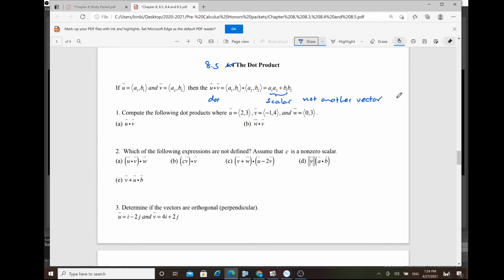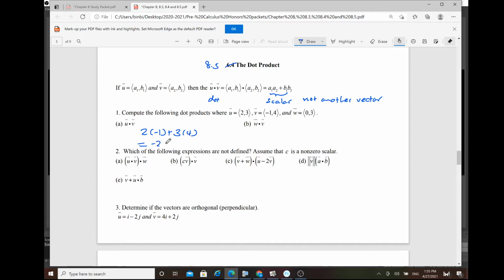Compute the following dot products where vector u is (2, 3), v is (-1, 4), and w is (0, 3). For u dot v, it's 2 times negative 1. No need to put in parentheses, just multiply a1 and a2 correspondingly: 2 times negative 1 plus 3 times 4.